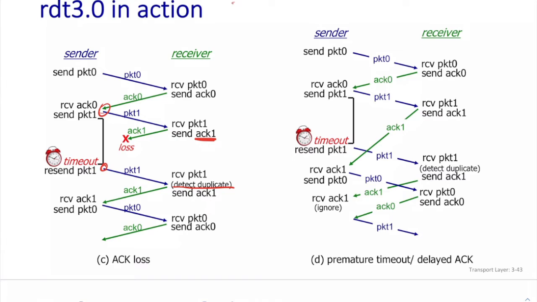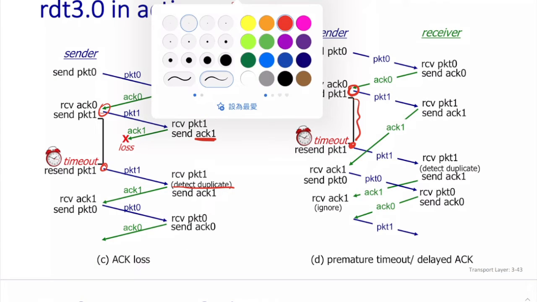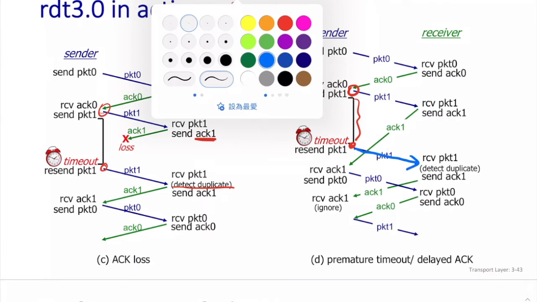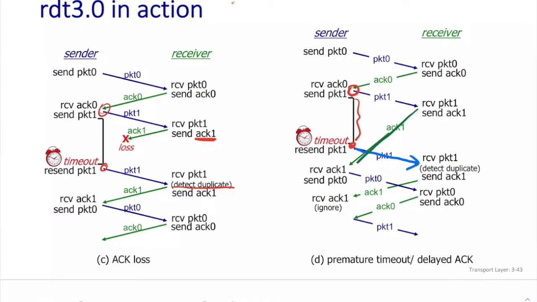And at the right hand side is the delayed ACK. As we mentioned before, when we send the packet out, if the timer is too short, the sender will send out the packet first, and the late ACK will be received.